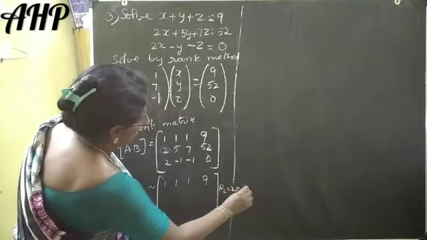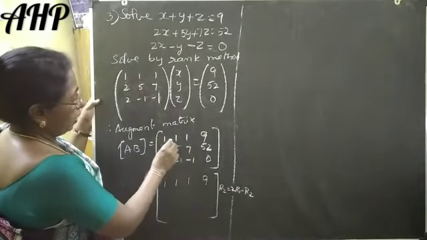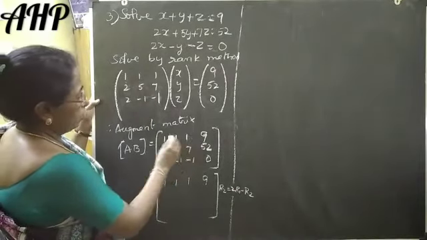So 2R1, multiplying every row by 2, you get here 2, 2, 2, 18.